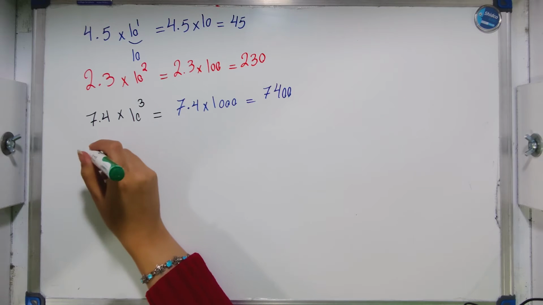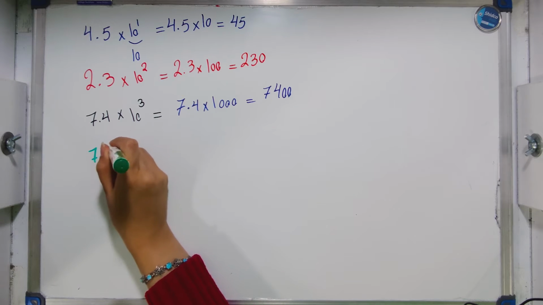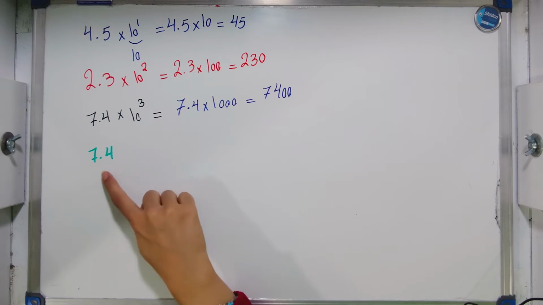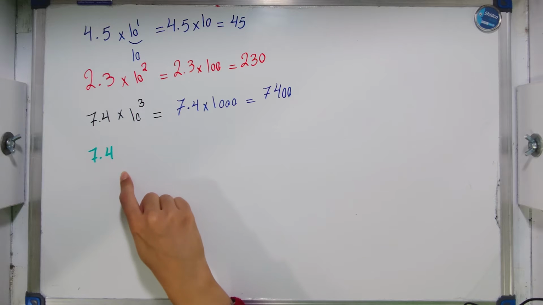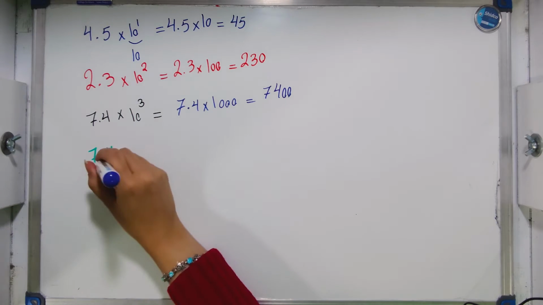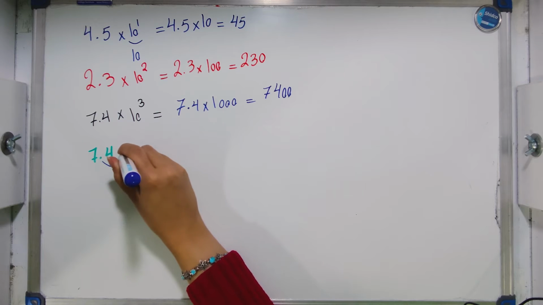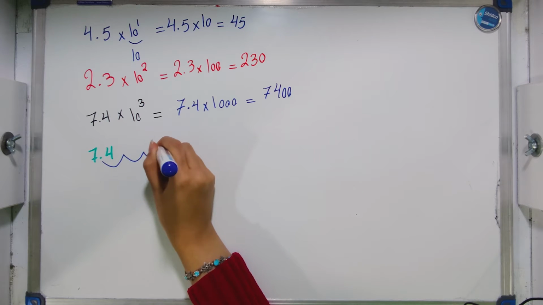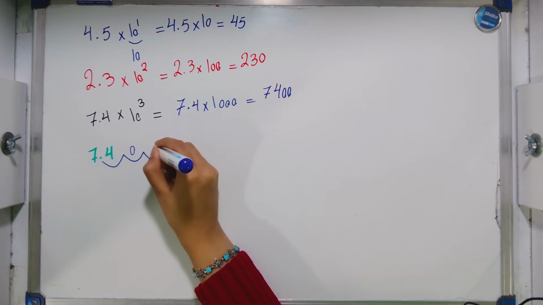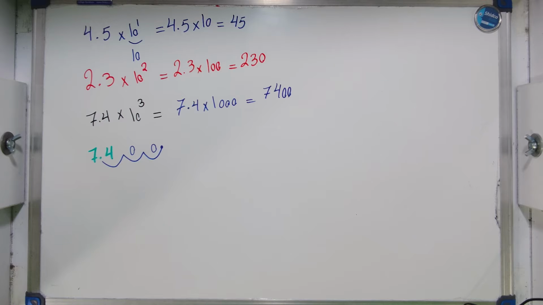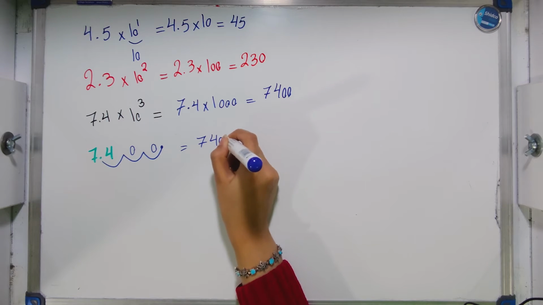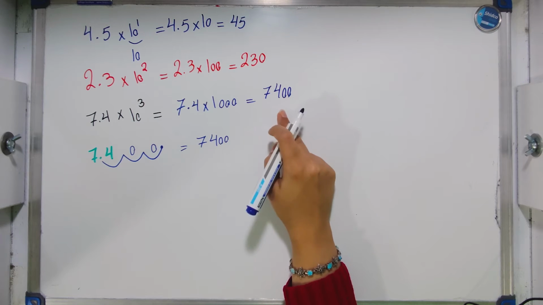So look, if it is 7.4 and I am moving the point by 3 digits to the right, I can say 1, 2, 3, and now the point is here, and I have to put zeros here. So actually it is 7,400, and it's the same as you can see here.